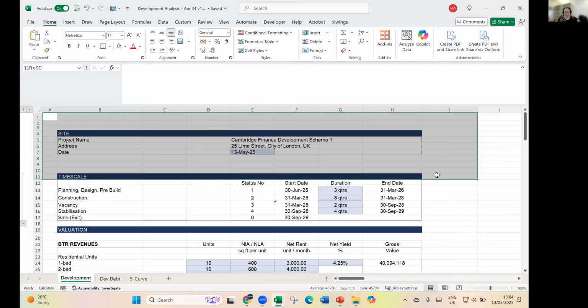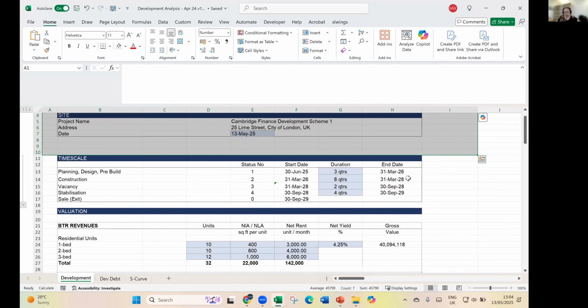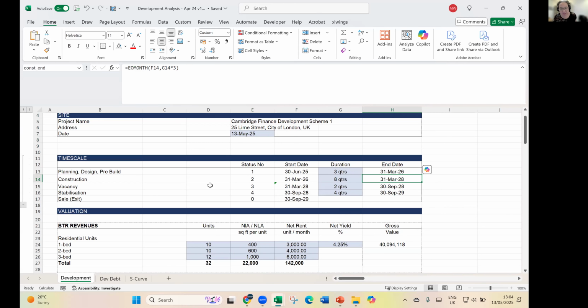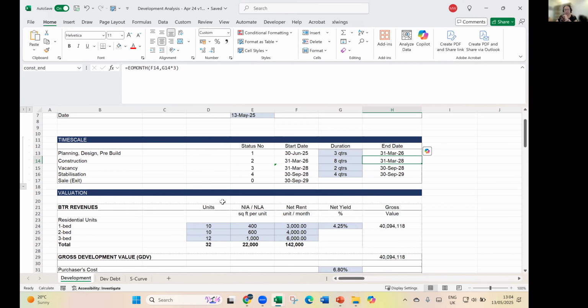One thing that we need to be aware of is the timeline. A lot of times the timeline is not explicit, like if you're just doing profit on cost appraisals. Okay, so when we're building cash flows, you need to be aware that the timeline is very important.